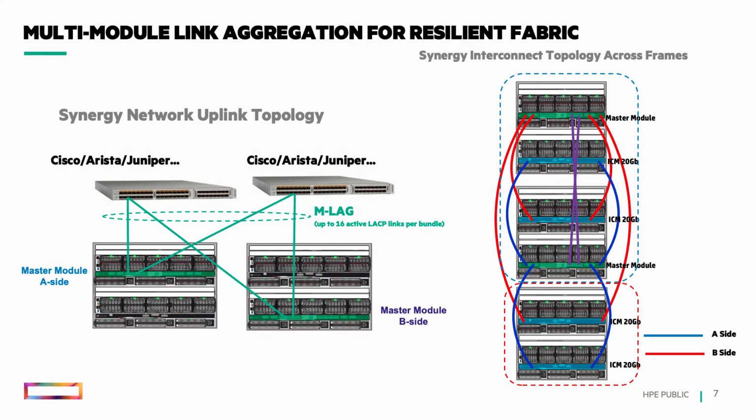Many customers ask, how do you connect a Cisco ACI to Synergy Virtual Connect? This is a very standard topology. We can call it a butterfly. We cross connect between the Synergy master modules and a pair of Cisco ACI leaf switches, or the Nexus top of rack, end of row, or even core switches.